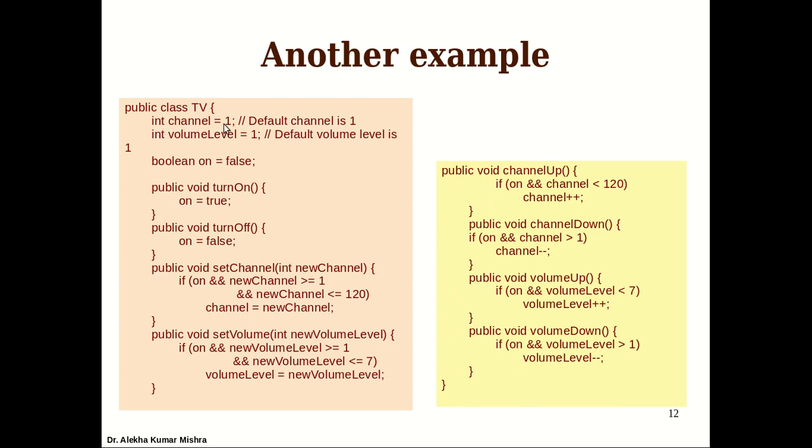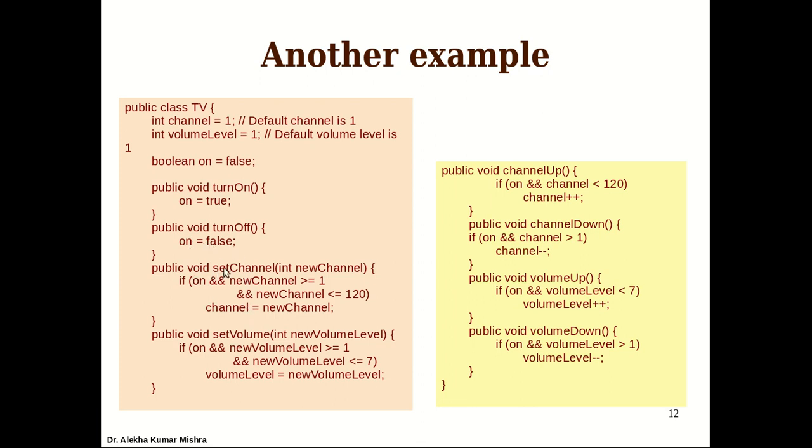By default the channel will be 1, the volume level will be exactly 1, and the TV will be off, so the on status will be false. Using the method turn on, we can change the status on to true. When you call turn off, it changes the status to false, meaning the data member on is assigned false.